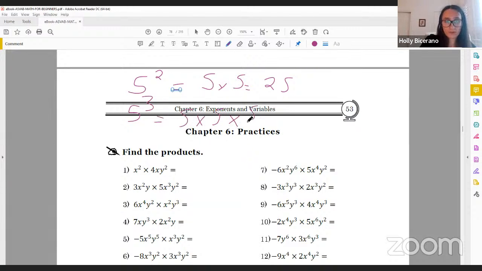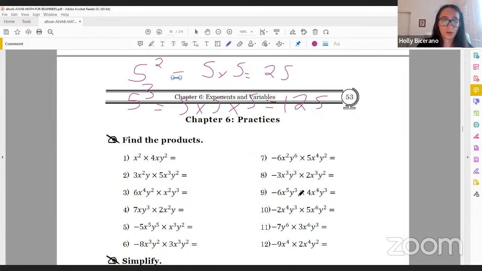So it's telling us we multiply 5 by itself 3 times, which is 125. So that's what an exponent is. So then we have exponent rules. And that's what we'll be doing today.